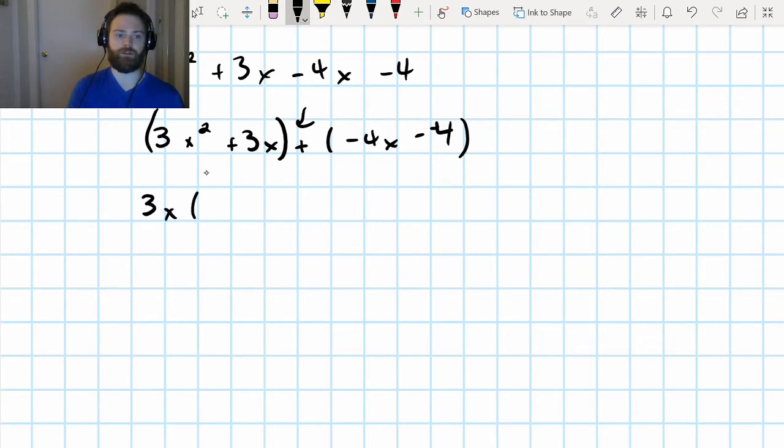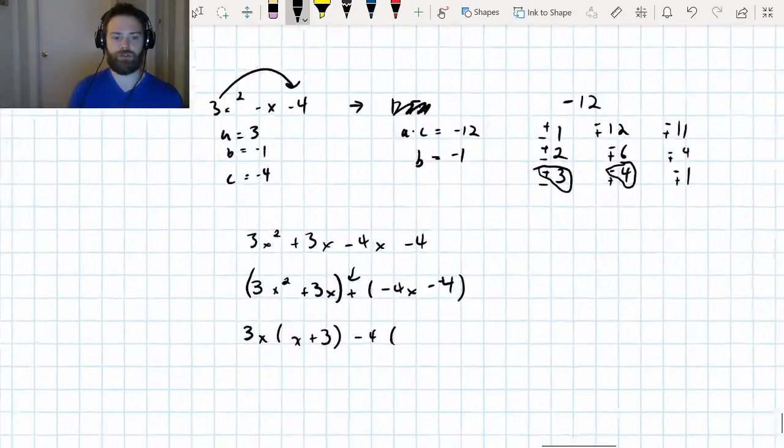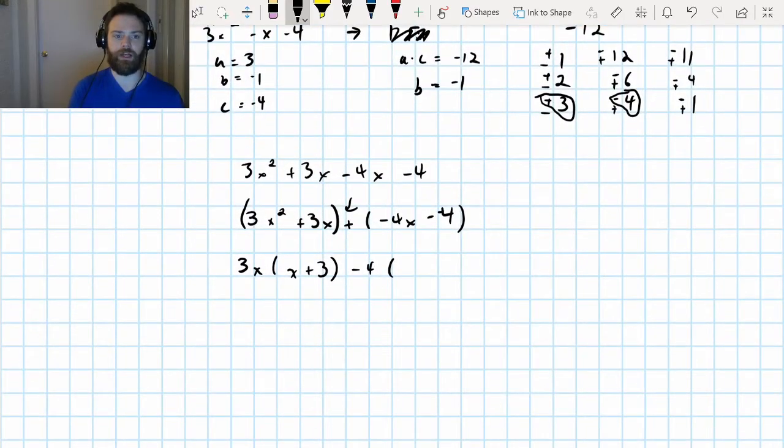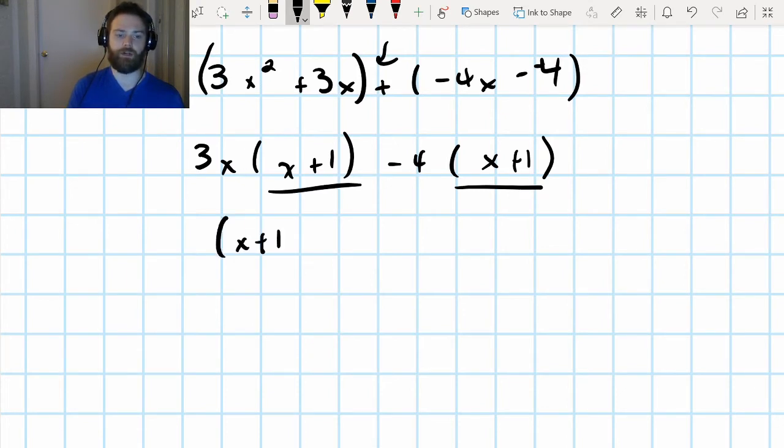So if I factor 3 out and x out, I'm left with x plus 3. And then over here, they both have negative 4, so I can factor a negative 4 out, and I'm left with, let's see here. No, it should be not x plus 3, x plus 1 is what that should be, right? 3 divided by 3 is 1, duh. So that's x plus 1, and then negative 4 factors out, so I'm left with x plus 1 over here. So x plus 1 and x plus 1 can factor out, so I'm left with x plus 1 out front.